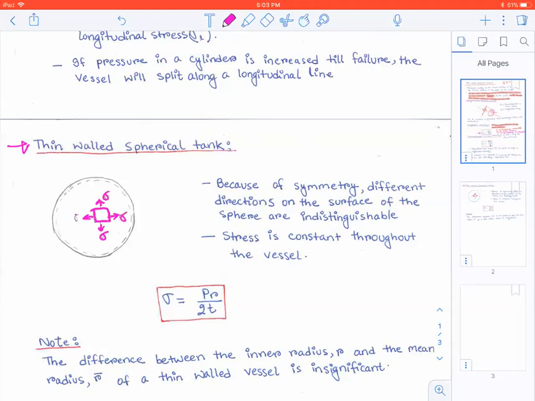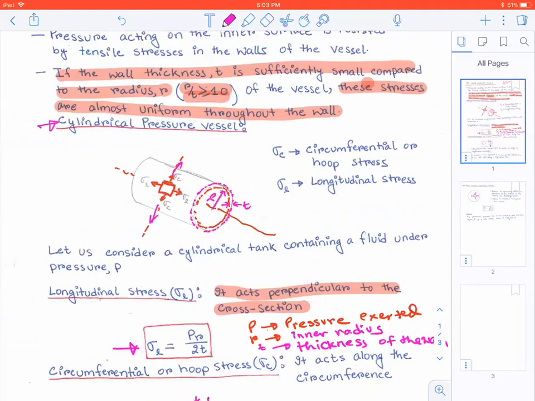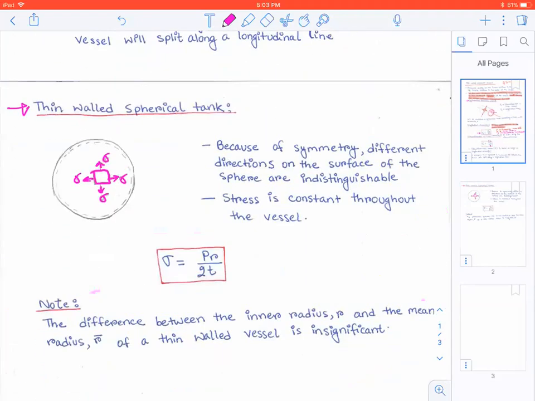Your cylinder is not symmetric, but a sphere is symmetric. Because of symmetry, in different directions the sphere is indistinguishable, so your stress is constant throughout the vessel. The stress is the same whether you're going this way or that way, and the stress is PR over 2T.